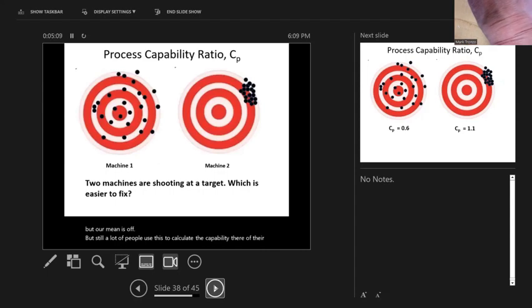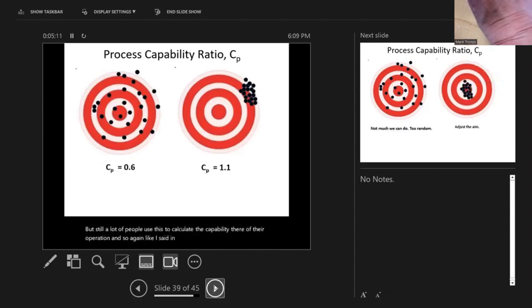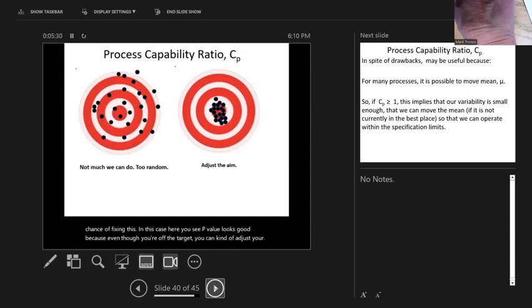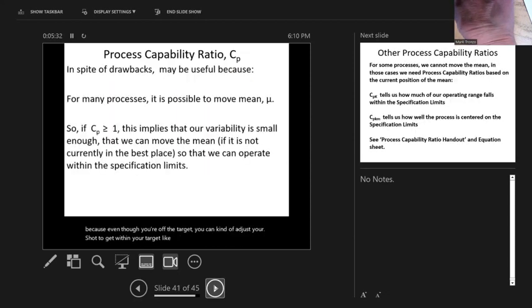In this case here, your CP value would look real bad because there's no chance of fixing this. In this case here, your CP value looks good because even though you're off the target, you can adjust your shot to get within your target like this.